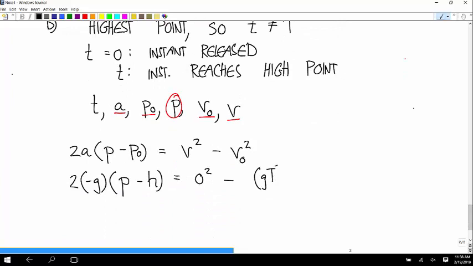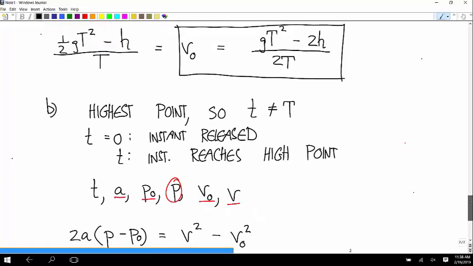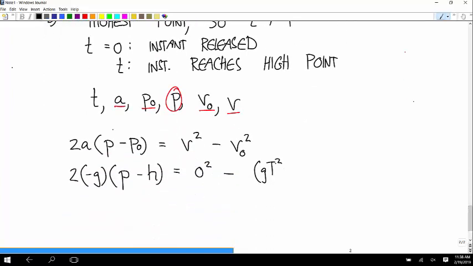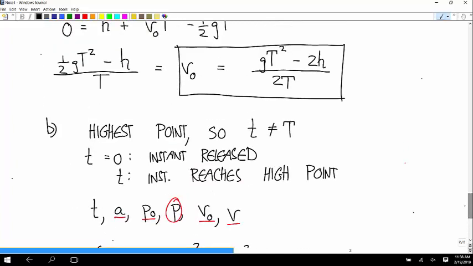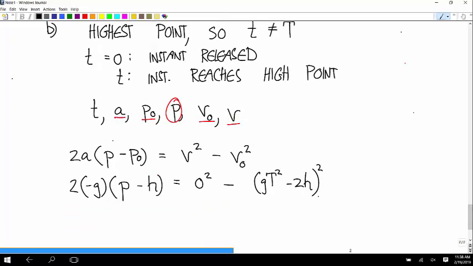So G capital T squared minus 2H, and this is all squared, divided by 2T squared. I'll write that as 4T squared.